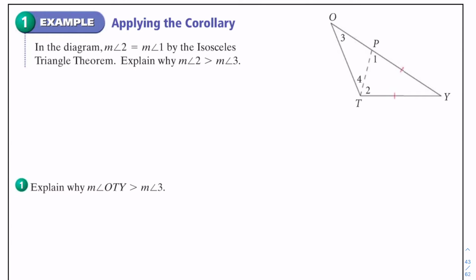Well, if the measure of angle 2 is greater than the measure of angle 3 is what we want to prove, then that would also mean that the measure of angle 1 would have to be greater than the measure of angle 3. Because if 1 and 2 are equal, and 2 is greater than 3 is what we're trying to prove, then in this case, 1 also has to be greater than 3. So why would 1 be greater than 3?